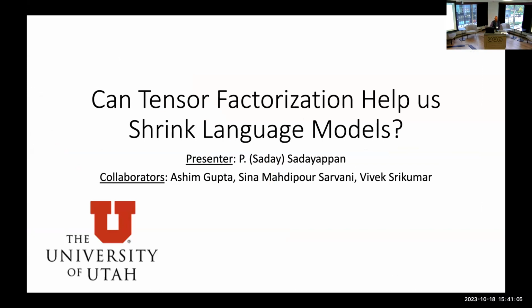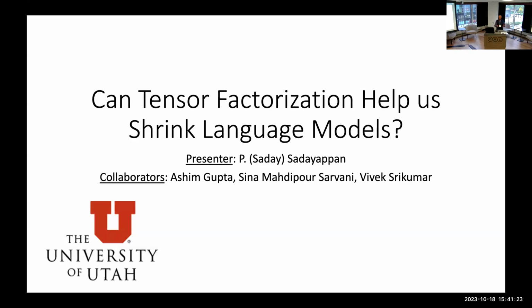So this talk is about a project that is a collaboration between me, with interest in high performance computing and optimization, and Vivek Srikumar, who is my colleague, who is in NLP.